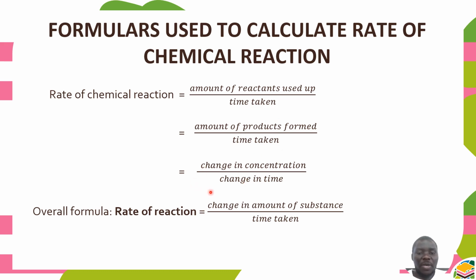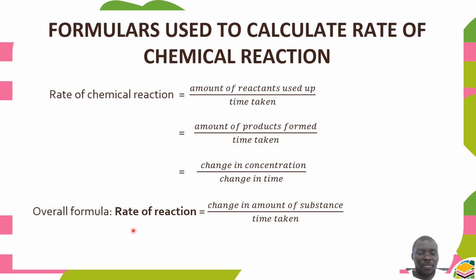We can also calculate rate of chemical reaction by using concentration: change in concentration divided by time taken. When we are talking about change in concentration, it means we have concentration of the reactant as well as concentration of product. If we subtract, we find the change in concentration. That change we can divide by time taken to find the rate of chemical reaction.